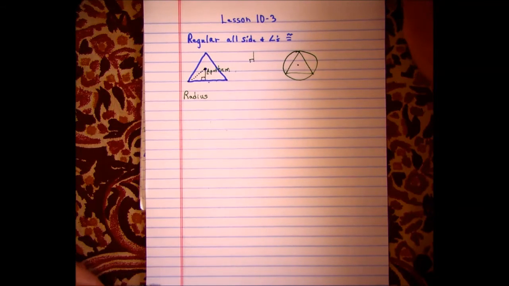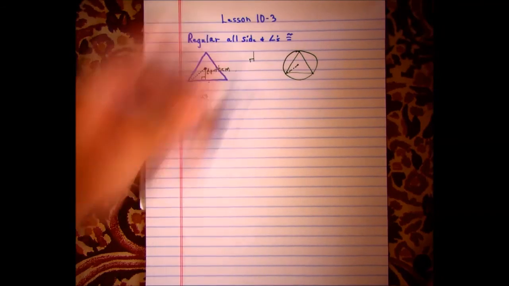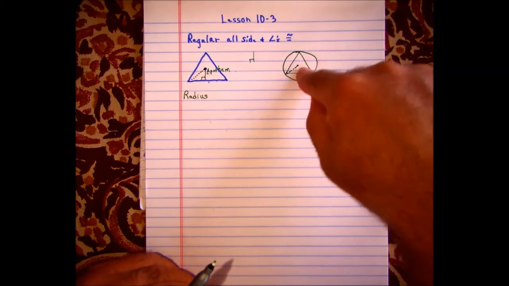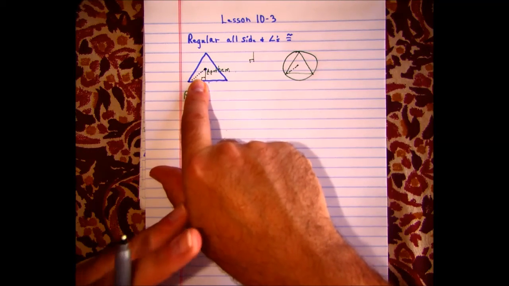Notice when I draw that line segment, it's also the radius to the circle, which is the same reason why it's called the radius here.